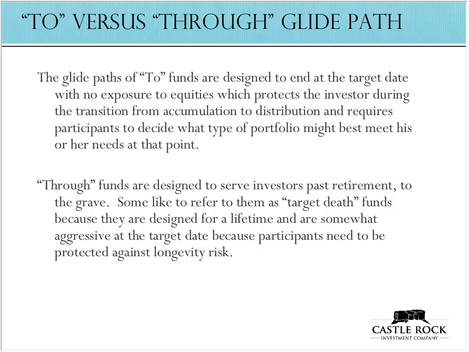Now, the folks that are proponents of the to target date fund say that in the year 2008, everybody who was close to retirement should have been in cash so that they did not experience that market decline.